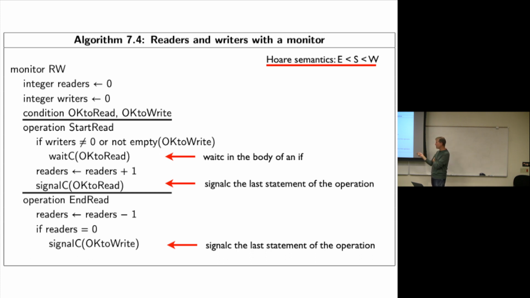It checks if writers is not equal to 0. Now, if writers is not equal to 0, is there a problem or no? Yes, there is a problem. So if writers is not equal to 0, there's a problem. And how about this? What else does it check?